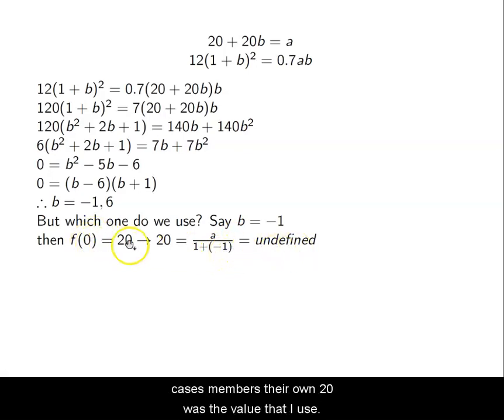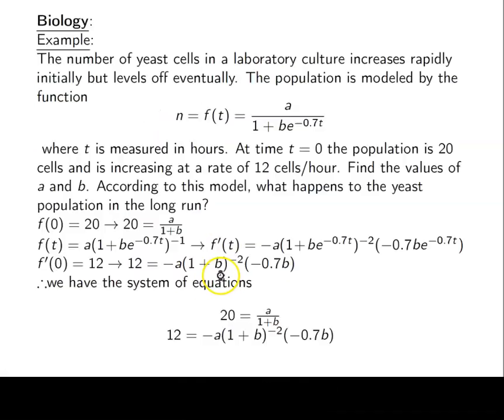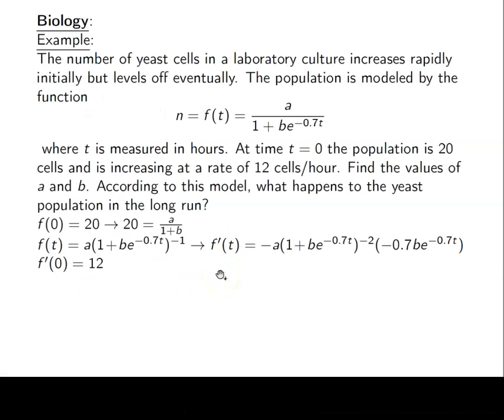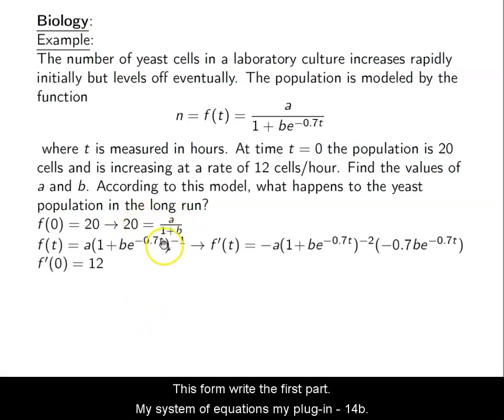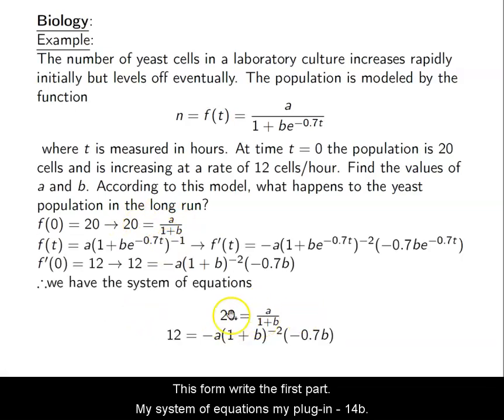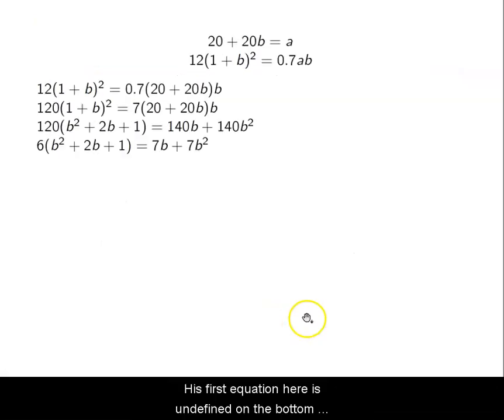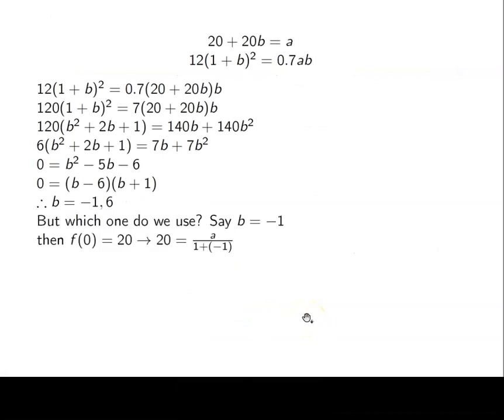Okay, because remember 0 and 20 was the value that I used. So using this form, the first part of my system of equations, if I plug in negative 1 for B, this first equation here is undefined on the bottom, which is not okay, right?